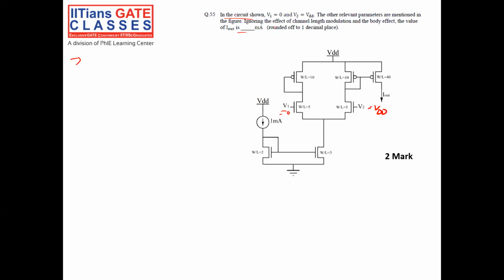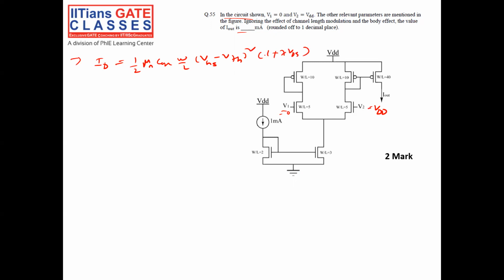Okay guys, the first thing is you have to write the equation of I out. ID is equal to half mu n or mu p Cox W by L into (VGS minus VTH) whole square into (1 plus lambda VDS).